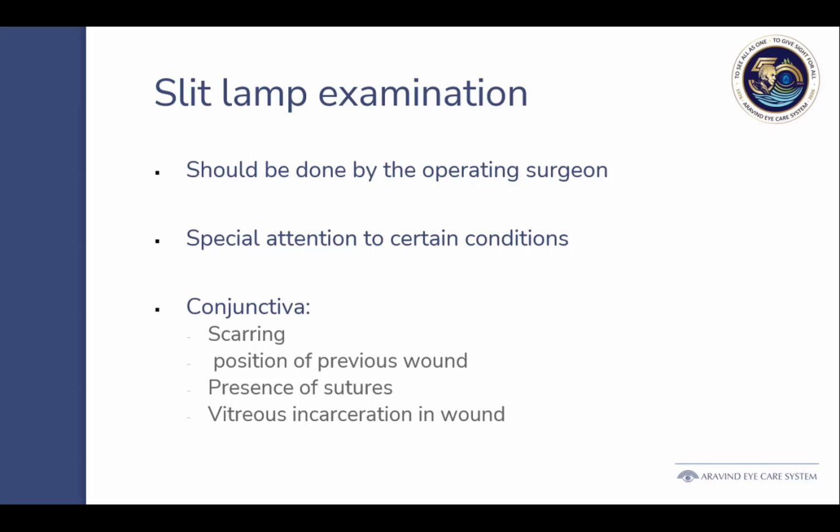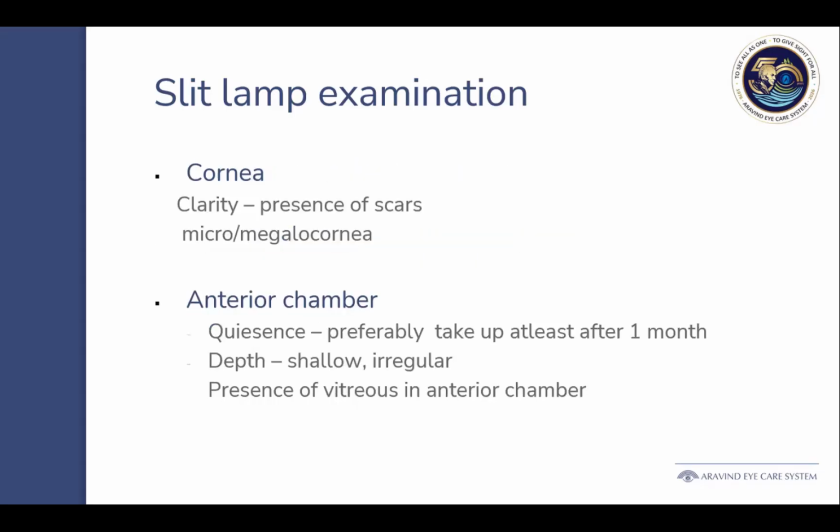In the conjunctiva, especially the position of the scar, where the previous wound has been, whether sutures are present now, whether you would like to remove those sutures, whether there is vitreous incarceration in the wound. In the cornea, the presence of scars, any difference in the size like a micro or a megalocornea, because then your IOL is going to be more of an iris claw.